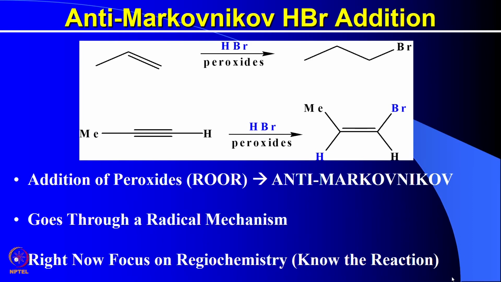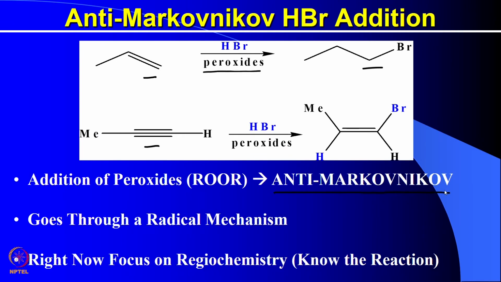When we try to add HBr in the presence of peroxide to a double bond or a triple bond, something different happens. This reaction proceeds through a radical mechanism instead of a carbocation mechanism and results in a product which is the anti-Markovnikov product.